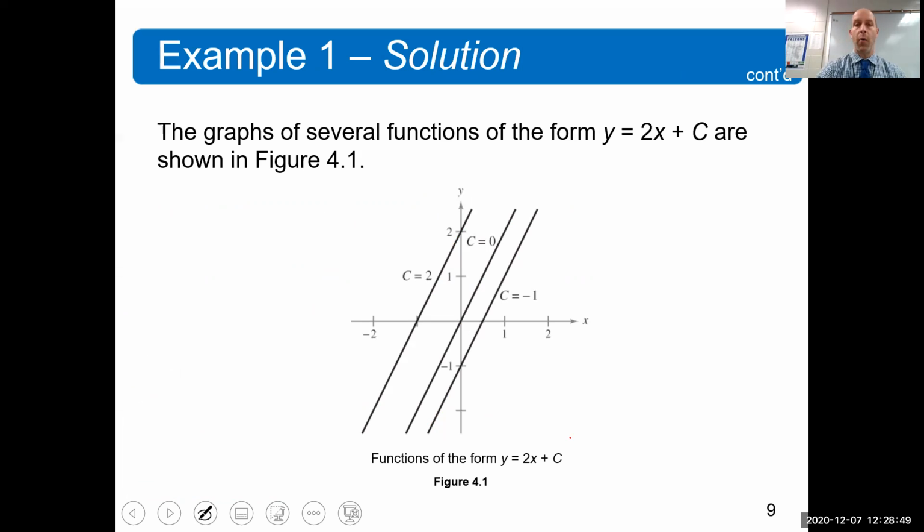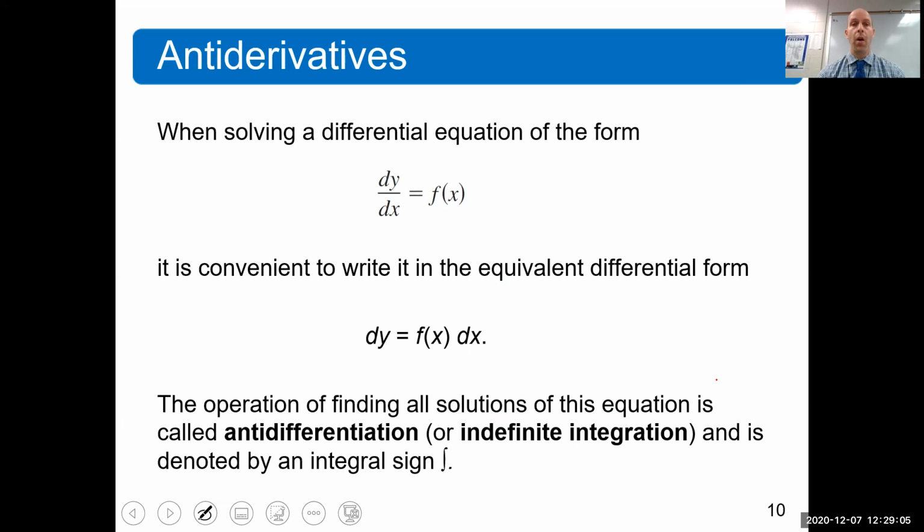And basically what we're saying then is any equation of this form, which by the way are all linear, when you take the derivative of them, they will give you 2, because the slope of any of those lines is 2. When solving a differential equation of this form, dy/dx equals f of x, it is convenient to write the equivalent differential form.